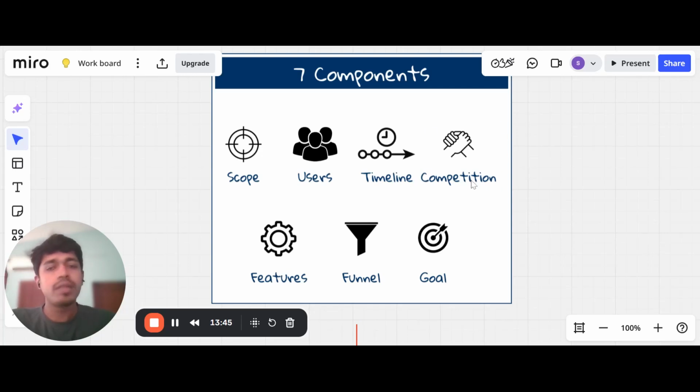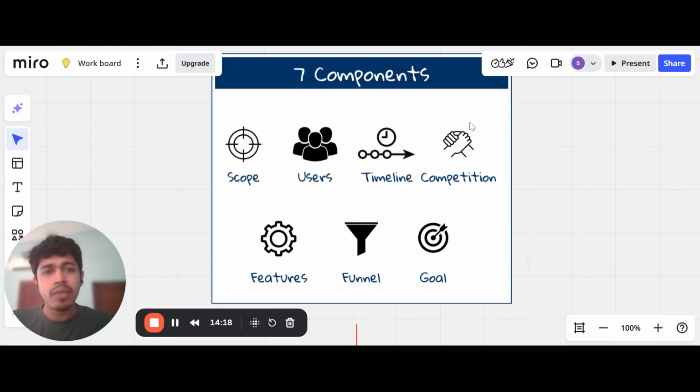The next one is competition. Competition is basically one external factor that will definitely affect the product. So you have to definitely ask. I think this will be pretty obvious for most of you. I have seen people forgetting about scope and timeline also, but users and competition, I think it's pretty obvious for most of the people.